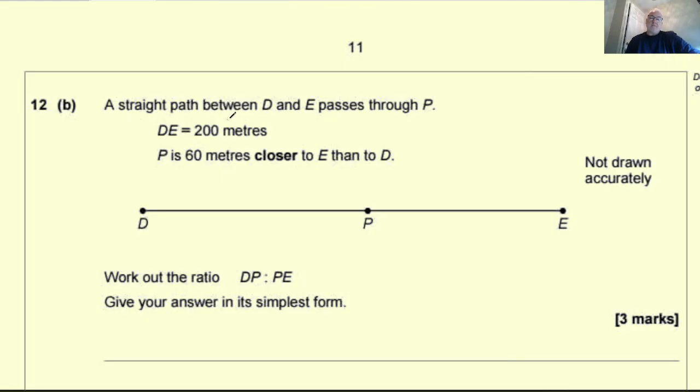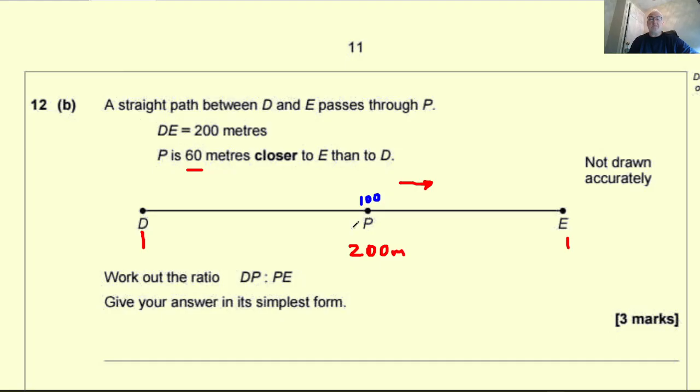12b, a straight path between D and E, so D to E, passes through point P. D to E is 200 meters long, so in total it's 200 meters long, but P is 60 meters closer to E, so it's closer to E than it is to D. So if I think as a starting point, let's say that this was dead in the middle, that would be 100 meters.